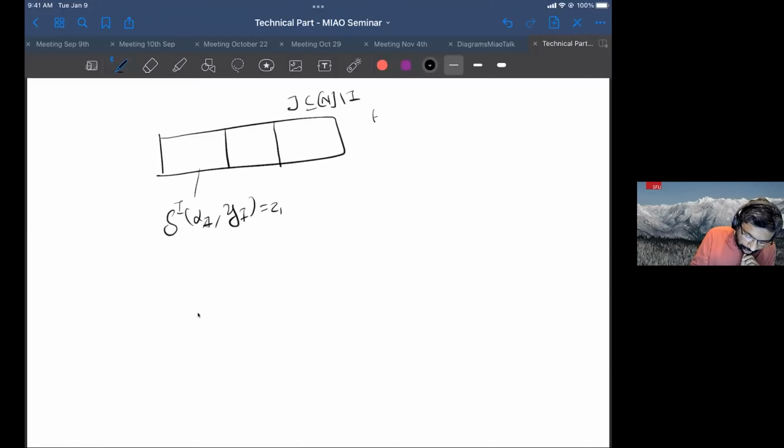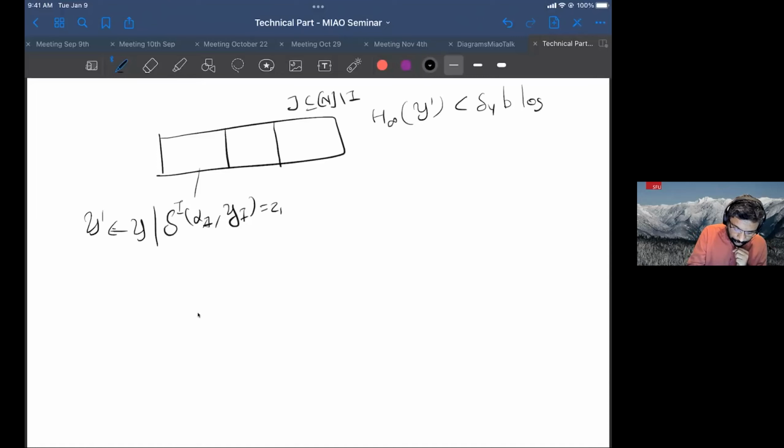So the h infinity of this new y, let's call it y dash, where y dash is just y conditioned on this consistency requirement, was less than delta y b log m. Sorry, not log. So there's some set of blocks which lost their min entropy.